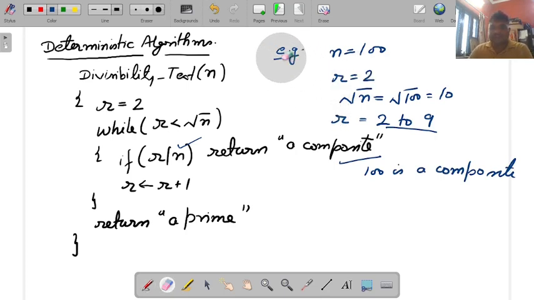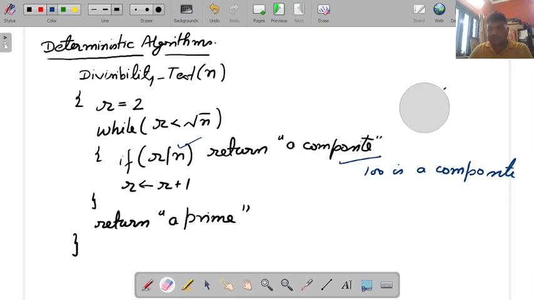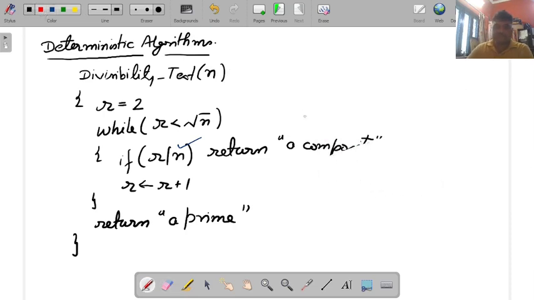Now take the next example. Let's take n equal to 97. The square root of 97 is between 9 and 10. Let's take 9, so r ranges from 2 to 8.